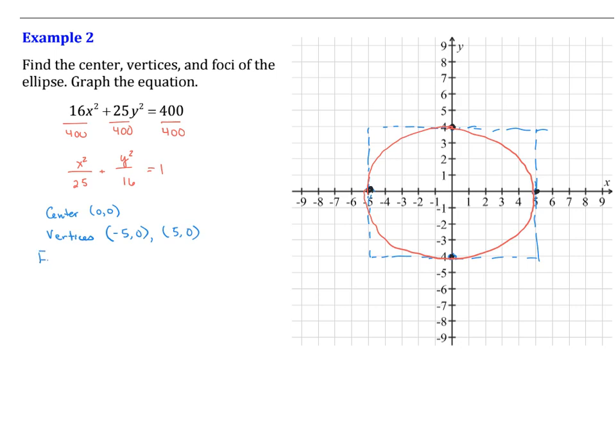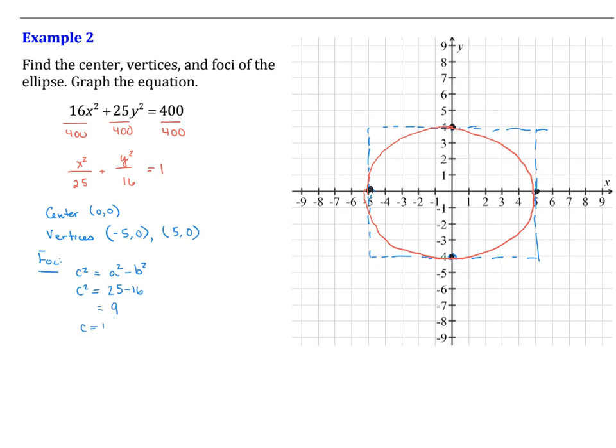Now let's find our foci. But for the foci, we need to find c. So c squared equals a squared minus b squared. So again, we go up to the denominators. So we're going to take larger minus smaller. And so c squared is going to be 25 minus 16, which is 9.